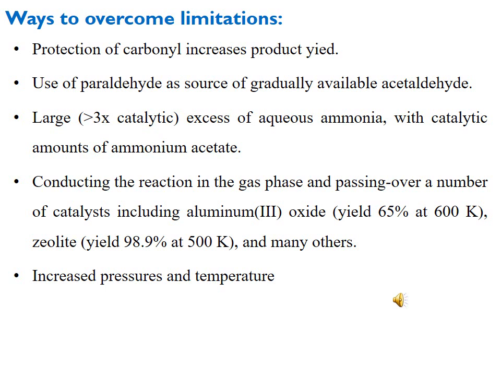But these catalysts and conditions make this reaction move to 65% yield and even to 98.9% yield. Also, by increasing pressure and temperature, we can limit the formation of side reactions and achieve a high yield of the product.